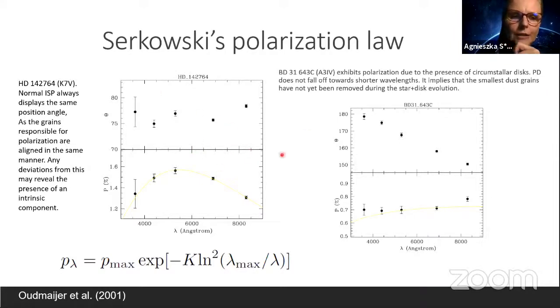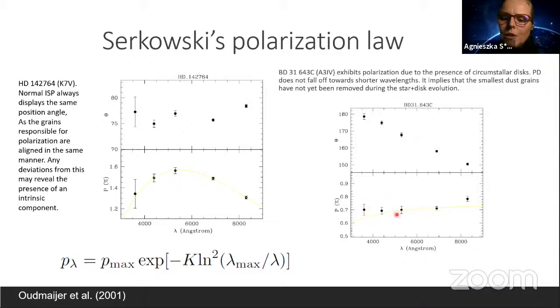On the left-hand side, you have the interstellar polarization and the Serkowski law, whereas on the right, you have BD31, which is a star that exhibits a circumstellar disk. You can see that the polarization degree in the blue part up to, let's say, 700 nanometers is flat, and then it's even getting higher.